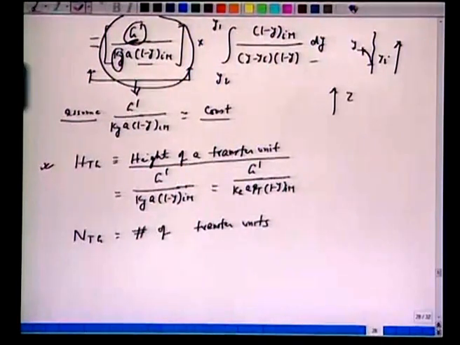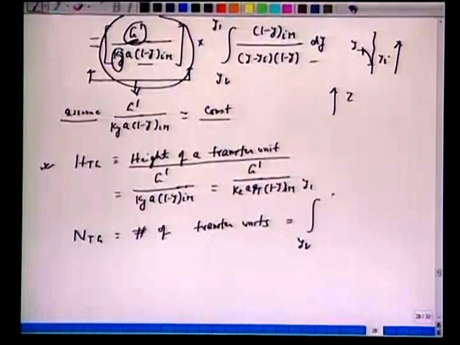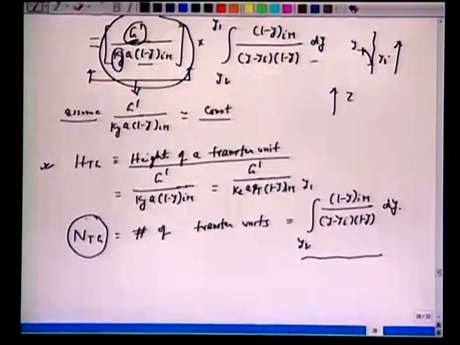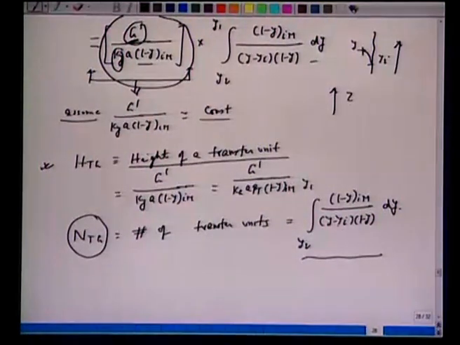So, we have the number of transfer units N_tG given as the integral from y2 to y1 of (1 - y)_IM over (y - y_I)(1 - y) dy. All right. So, if you can evaluate this quantity, we can calculate the number of transfer units. This integral is still quite complicated.